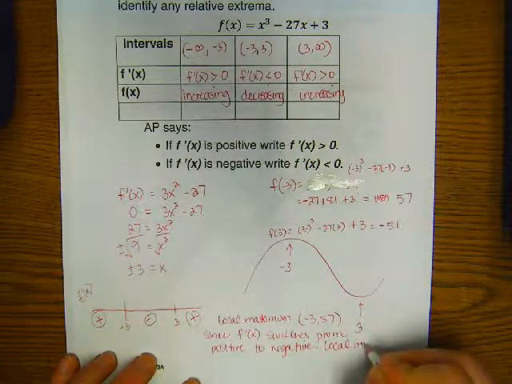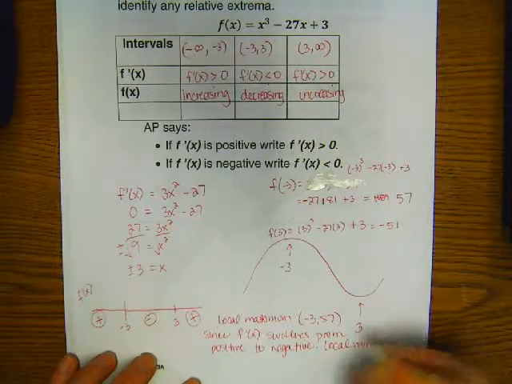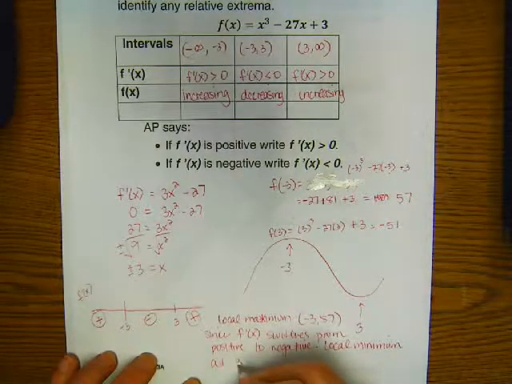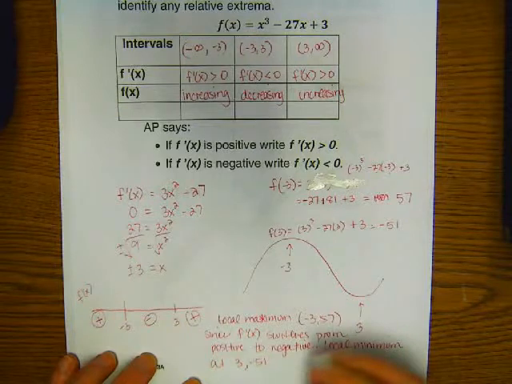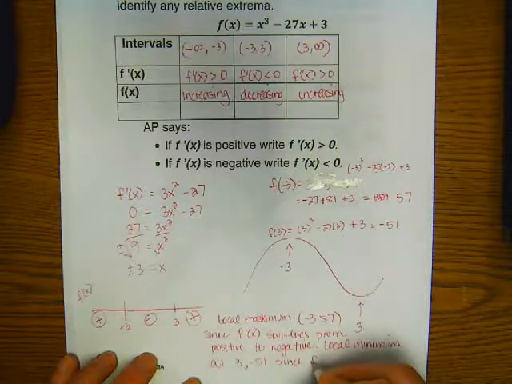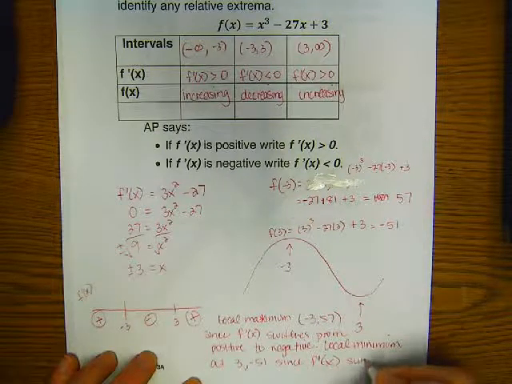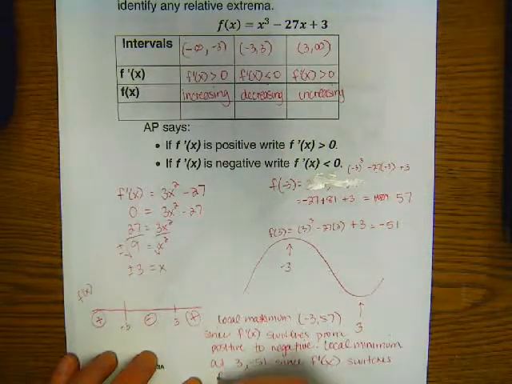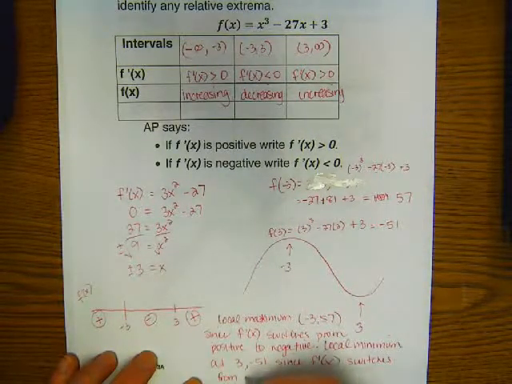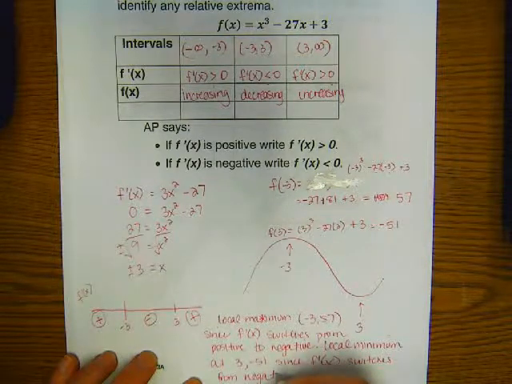And then a local minimum at 3, negative 51, since f prime of x switches from negative to positive.